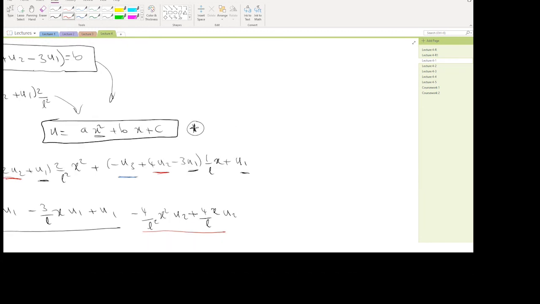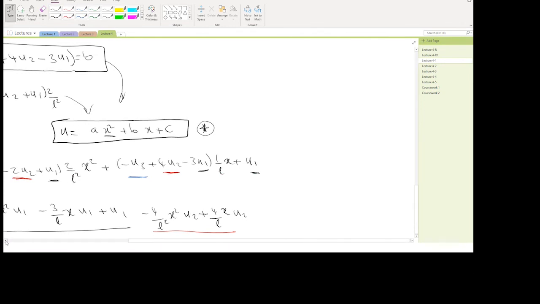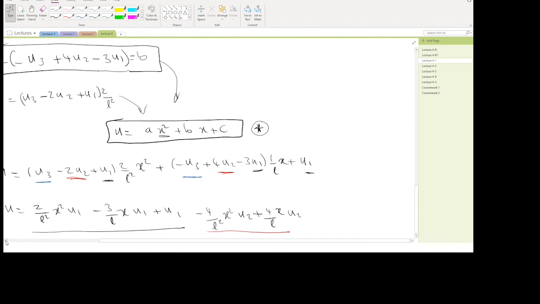And the final thing, I have U3. I need to probably just move a little bit here so I can still see U3. So in the first equation, I have 2 over L squared X squared U3.